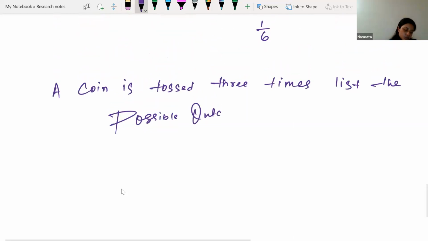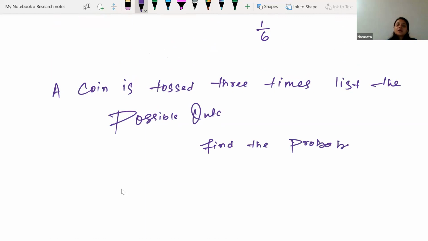When the coin is tossed 3 times, list the possible outcome. Find the probability of getting at least 2 heads.